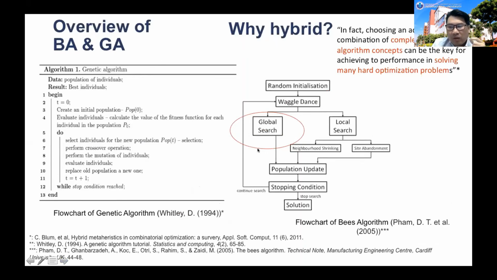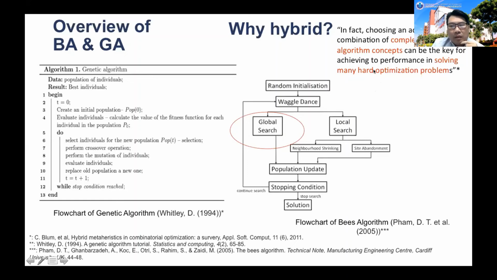As I mentioned, Professor Pham is a pioneer on the BA, and I don't need to repeat that. But when we try to solve different hard optimization problems in manufacturing, we need to do some hybrid, because as mentioned in the literature, it is a very influential work.